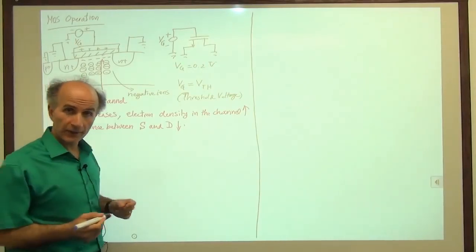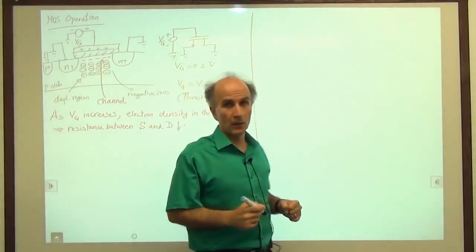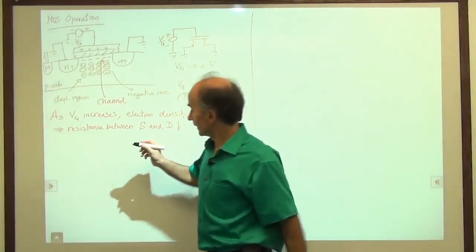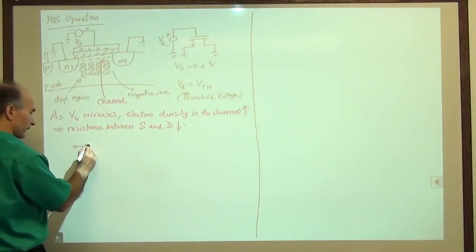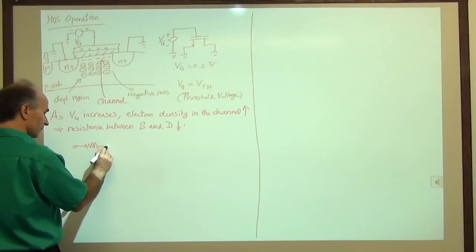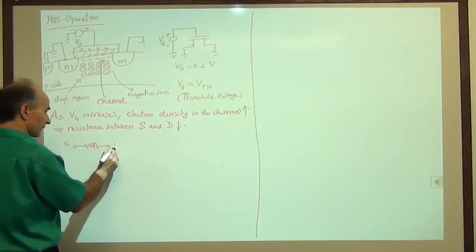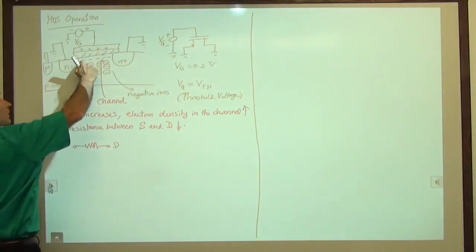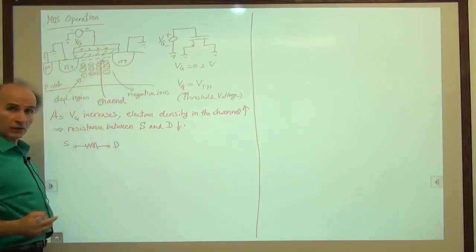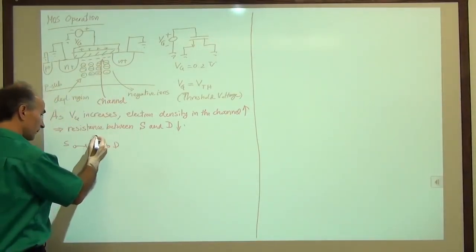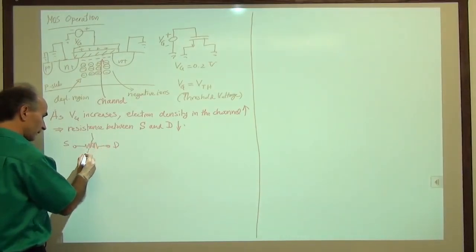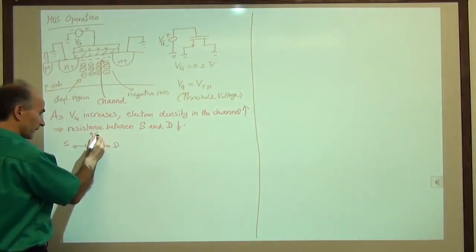Now that's a very interesting and useful device. What do we have here? We have a device like this. It's a resistor between source and drain, right? Here's source, here's drain. It's a resistor because we have some channel of conduction. But this is a variable resistor. So it has a third terminal, which we call the gate.